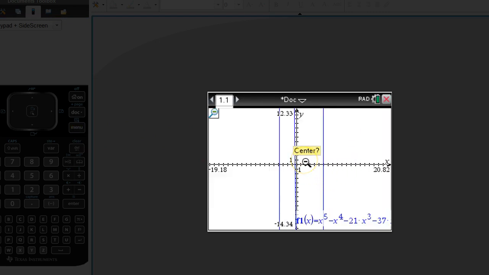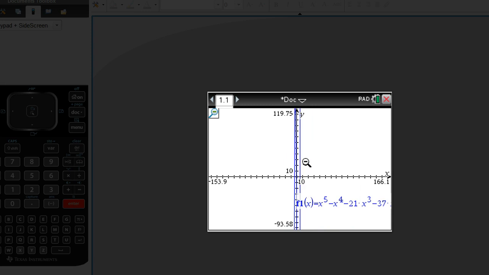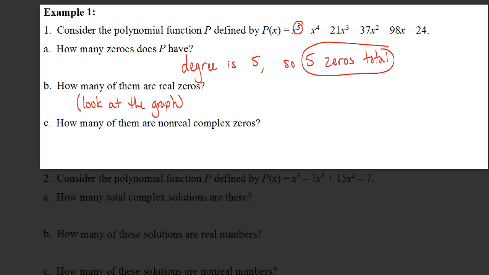You just keep hitting enter. And I can see that there are no other x-intercepts. Looks like those are the only ones there. So that means this has 3 x-intercepts. Since there are 3 x-intercepts, 3 of those zeros are real zeros.